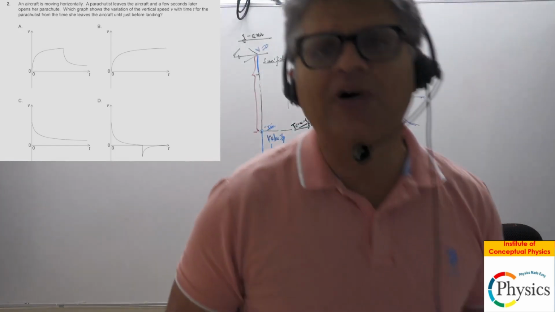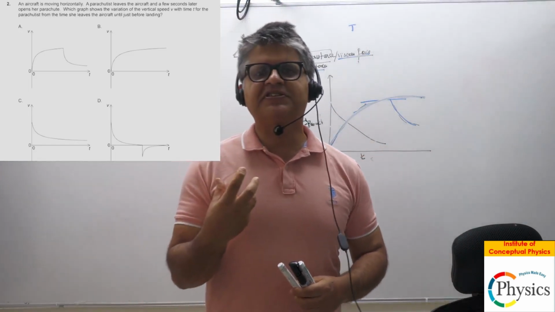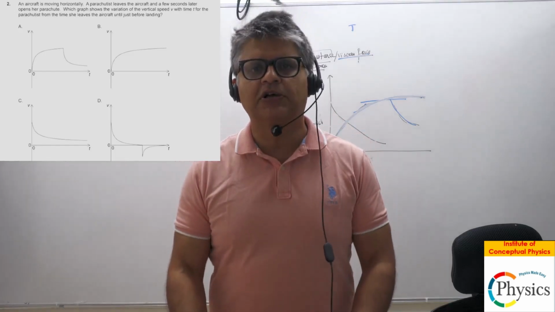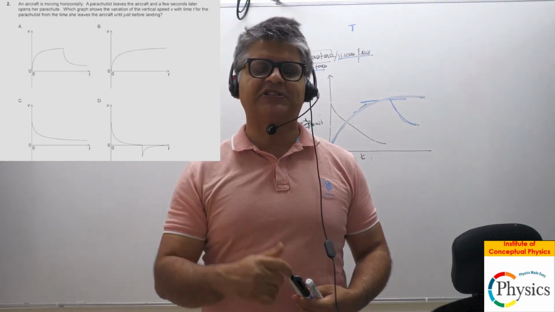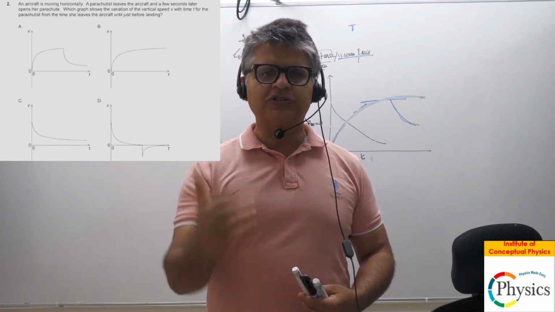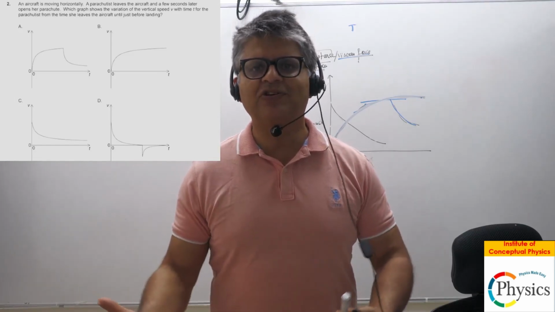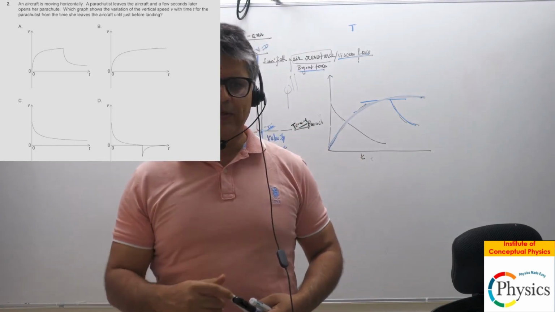And if you notice choice number C, it says that you're starting with a velocity. Now, when you jump off a plane, although you have a horizontal velocity, I think the focus of this question is vertical velocity, right? So initially when you jump off, you have 0 vertical velocity in a horizontally moving plane.